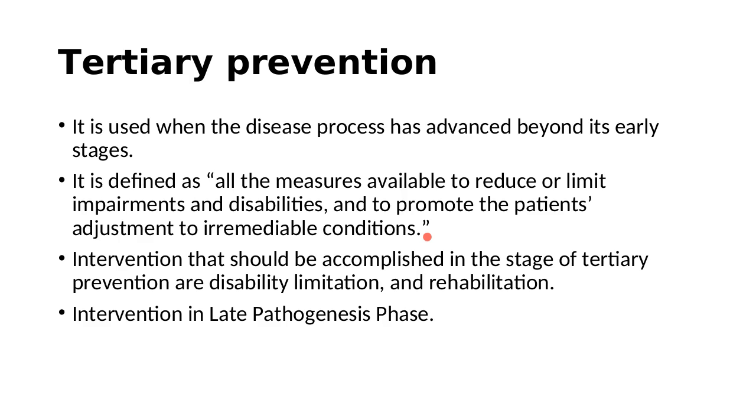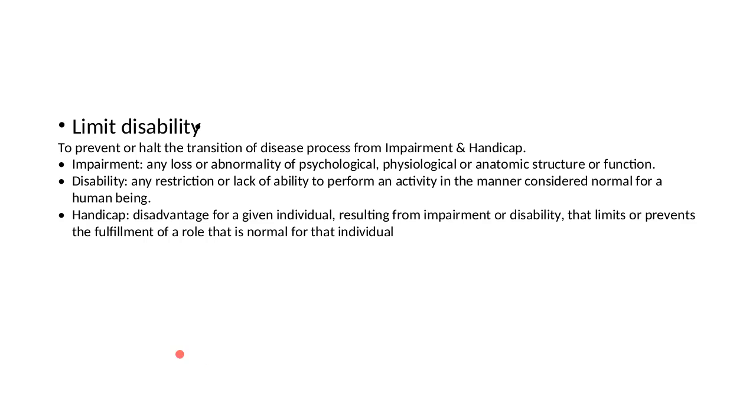For example, you're helping this person psychologically, socially, and to live in a socially acceptable way. So intervention in the late pathogenesis phase occurs when the disease has already developed into disability or chronicity.